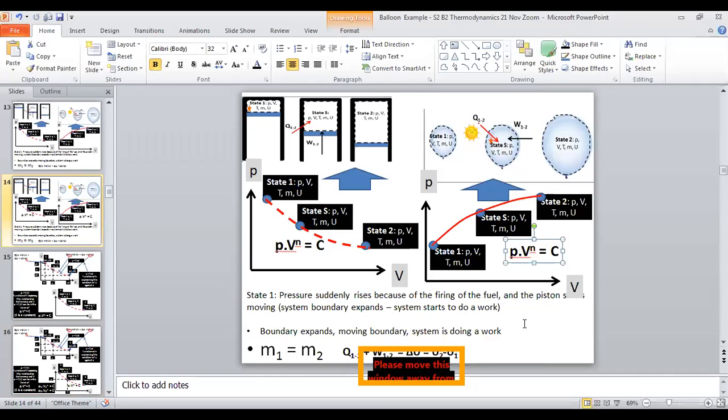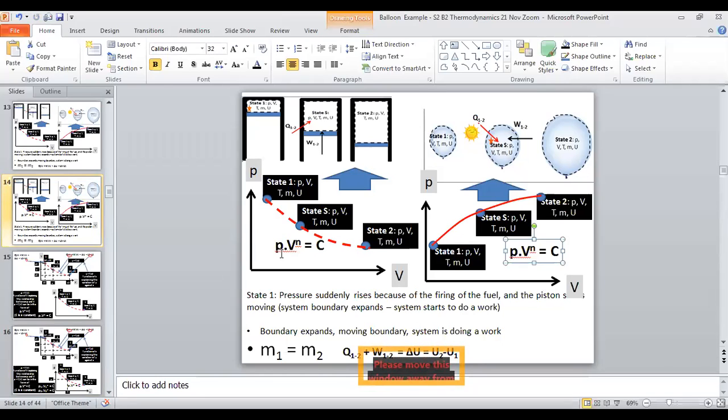But those C's can be different. So C can be different and n also can be different.